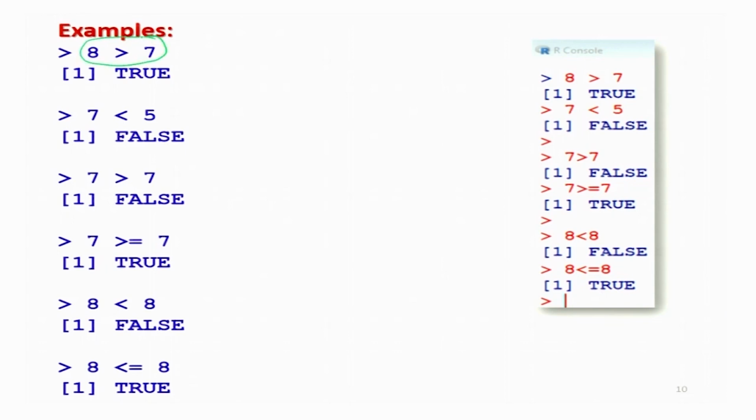Is this true? Yes, this is true, and the answer here is true once again. Now, my next statement is 7 smaller than 5? The answer is no. That is why the answer comes out to be false.